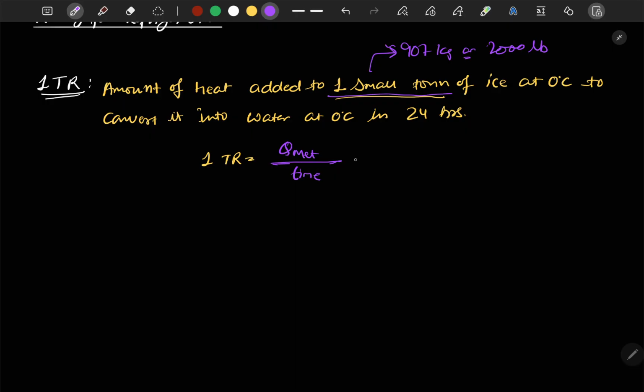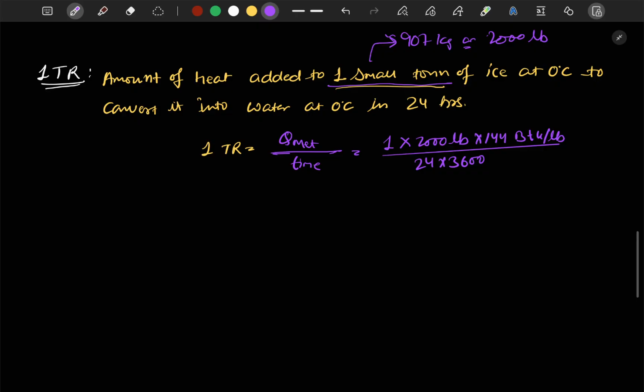Q melt is given by mc delta, but since this is a phase change process, it would be mass into latent heat. For 1 TR, the mass is 2000 lb into 144 BTU per lb as our latent heat, divided by 24 hours into 3600 to convert it into seconds. Or we can first divide by 60 to convert it into minutes.